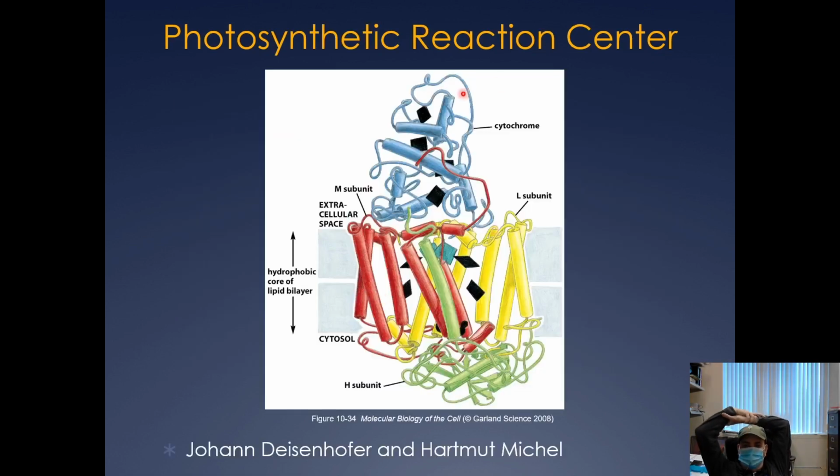Here's the structure basically of the photosynthetic reaction center in bacteria. Here you have the cytochrome with these central chlorophylls, and then you have this chlorophyll pair and some other cofactors, and the electrons will absorb a photon of light and cause the electrons to get excited, and then they travel down to the quinone.